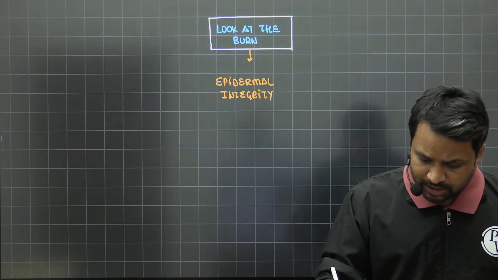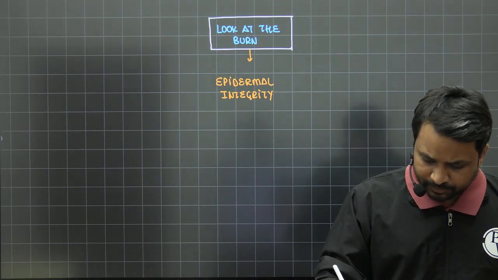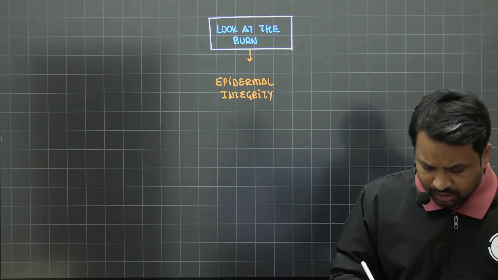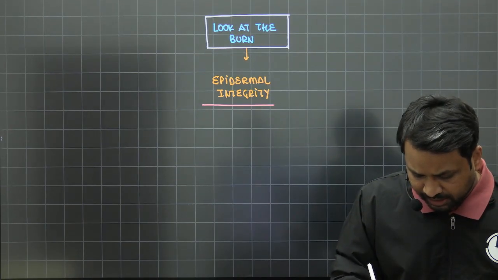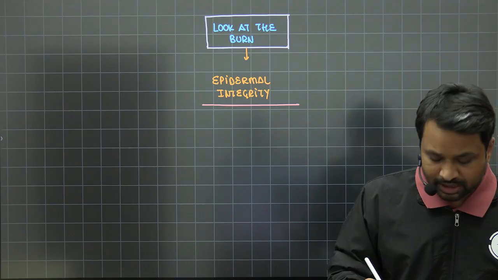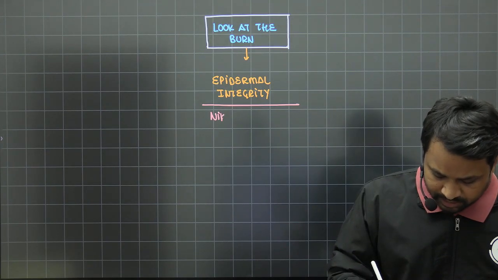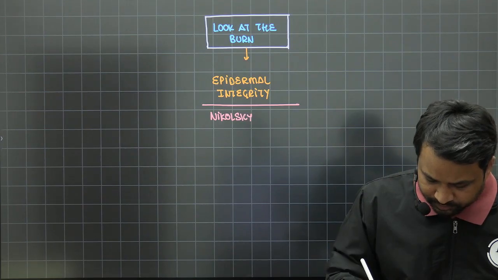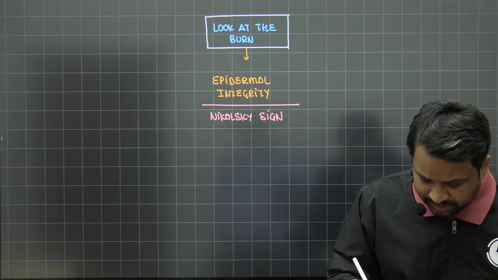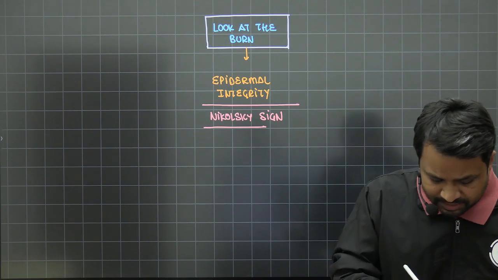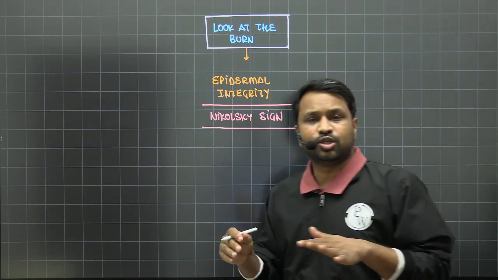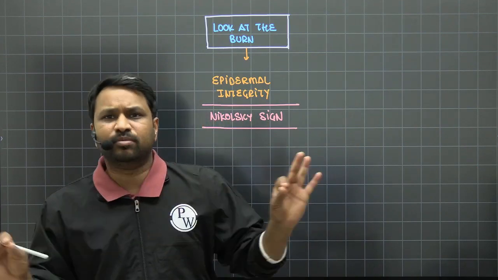In order to understand the epidermal integrity, we have a sign. ठीक है, your dermat guys would have told you multiple times, so I'm just going to mention it across. There's something called the Nikolsky sign, right? What is this Nikolsky sign? So we say Nikolsky sign is basically whether an epidermal separation is present or not.